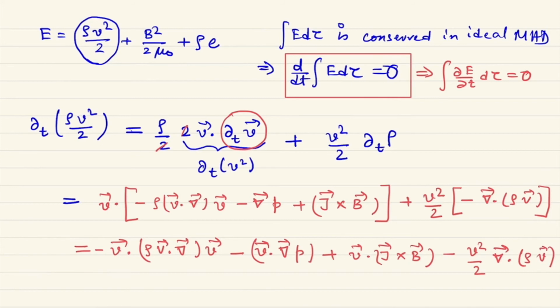Okay, now you see that this one is nothing but, so this one is minus j dot v cross b.